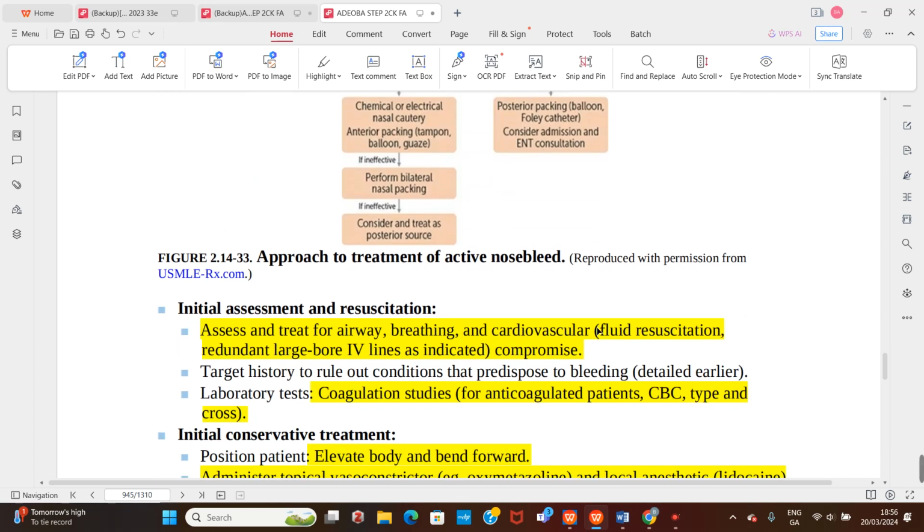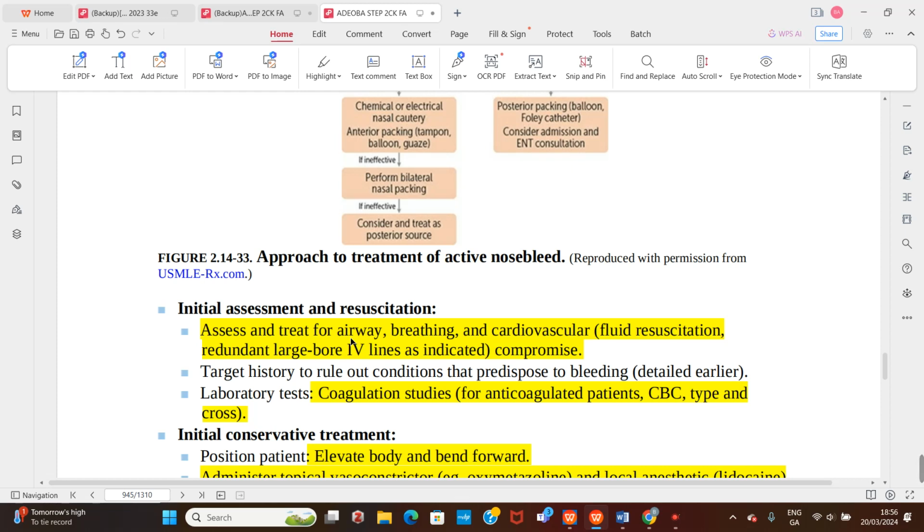So the first thing is to assess and check the airway, breathing, and cardiovascular status. So you want to check if the person has a patent airway, if the person is breathing accordingly. If the person is not breathing, you want to give oxygen.